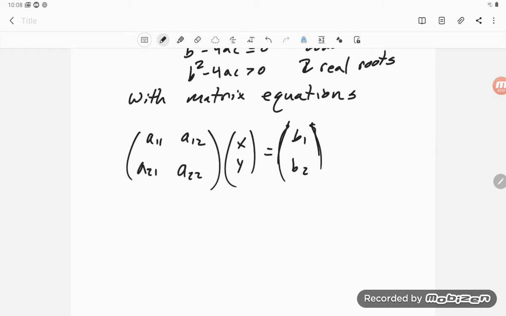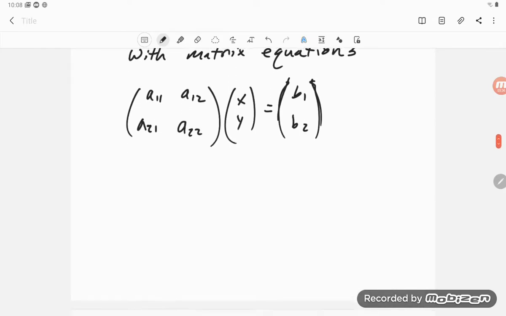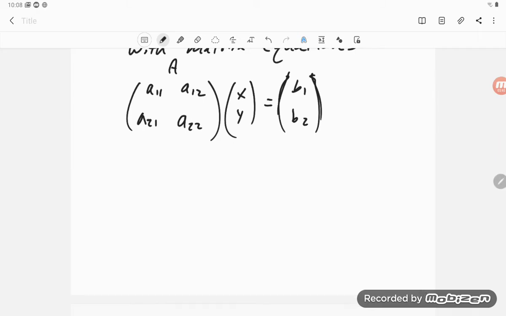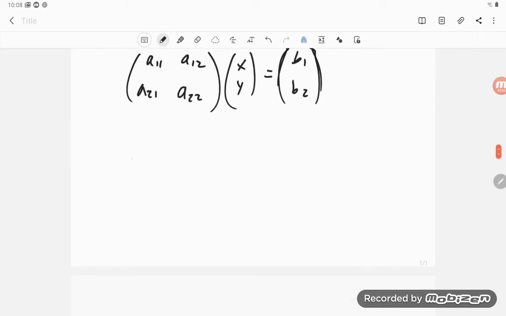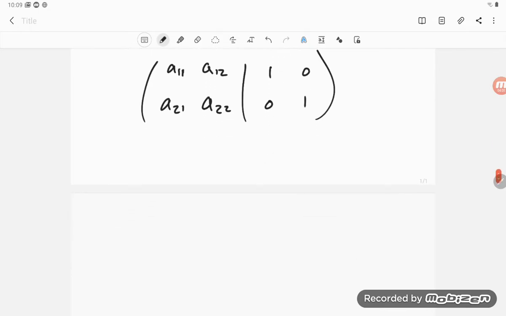I know a way to solve this is to find the inverse of this matrix A. If I want to do that, I will use an augmented matrix with the identity and do my reduced row echelon form work.